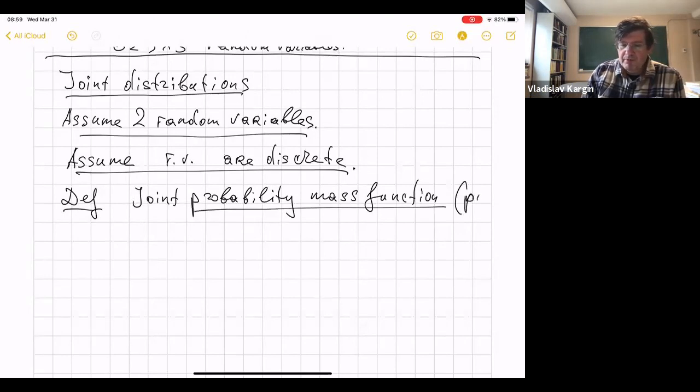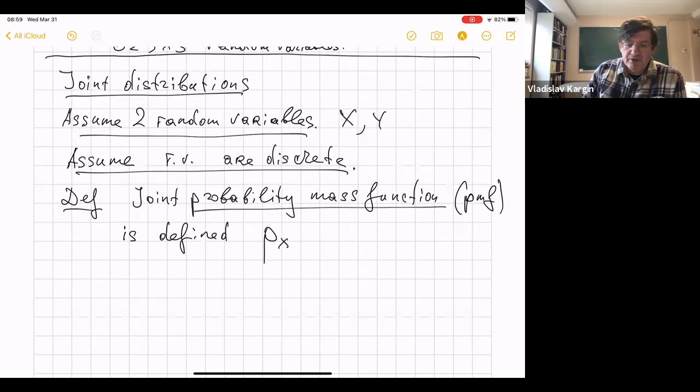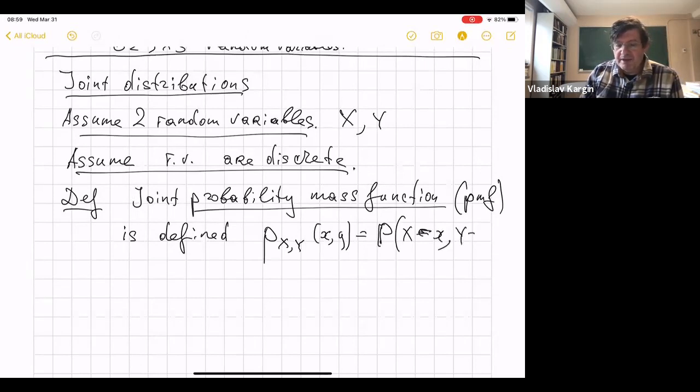The PMF is defined very naturally. Here we'll call the random variables X and Y. So P_XY(x, y) will be just equal to the probability that random variable X takes value x small and random variable Y takes value y small. Okay, so this is a joint probability mass function.